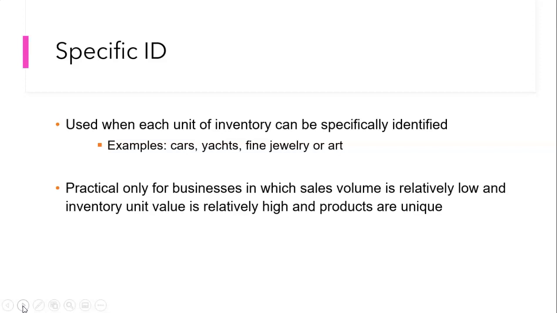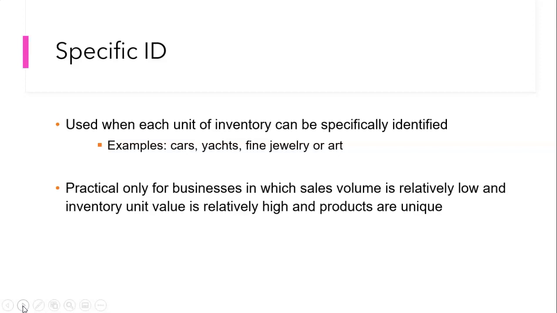There's no other oil painting exactly like it. Every single yacht on the planet is made separately and is different in many ways from every other yacht on the planet. And every car has a VIN number on it that specifically identifies that car. So these are things that the specific identification method can be used for.